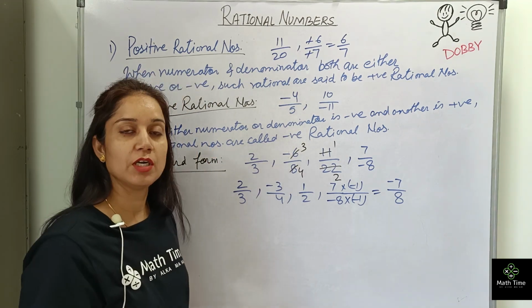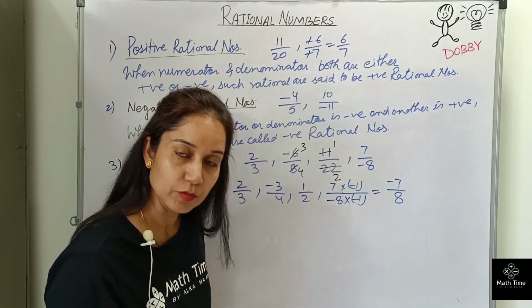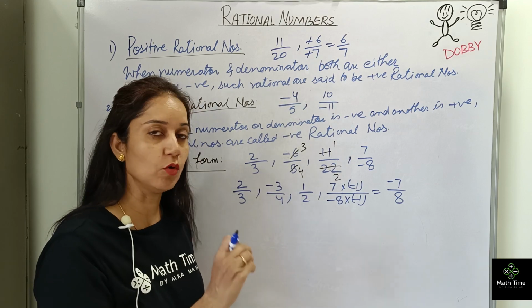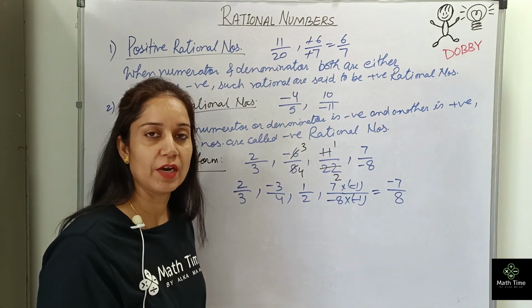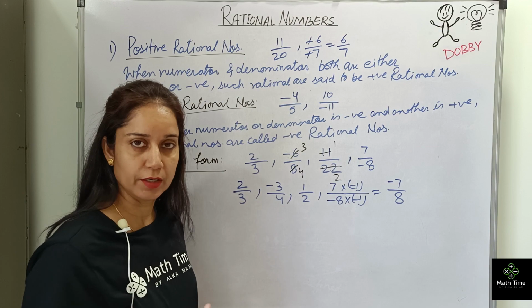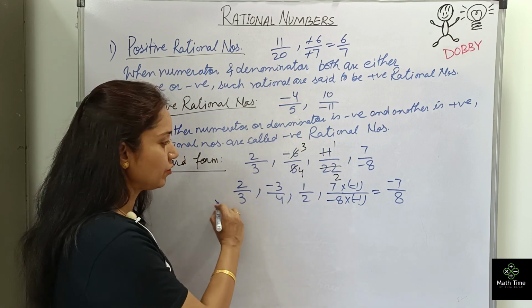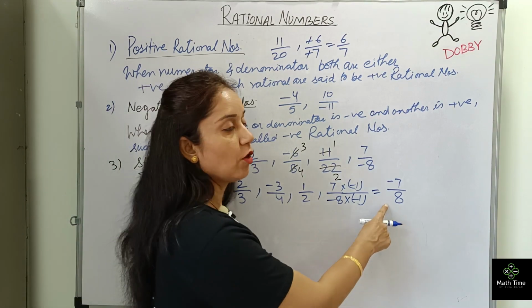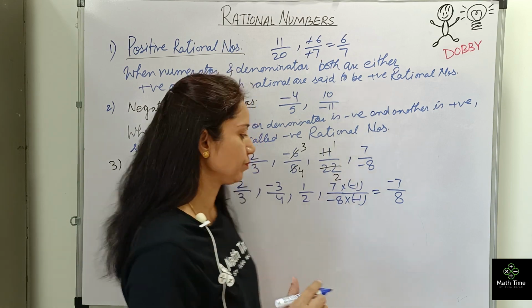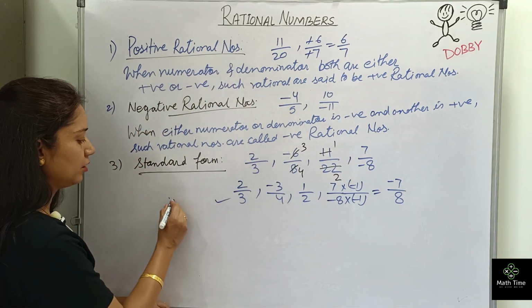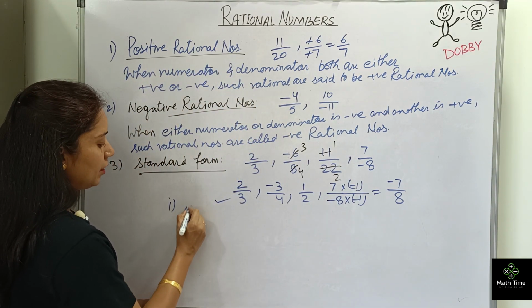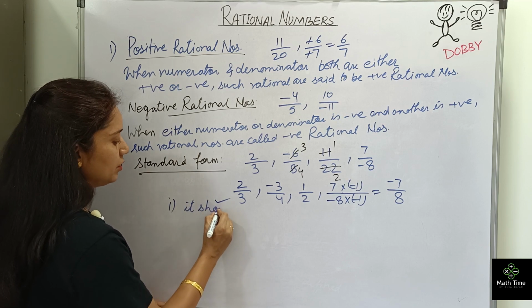So such rational numbers which are in the lowest term, which do not cut further, no common factor between numerator and denominator. Lowest term it should be first of all. Second, denominator should not be negative. So two things are there. First, it should be in lowest term.